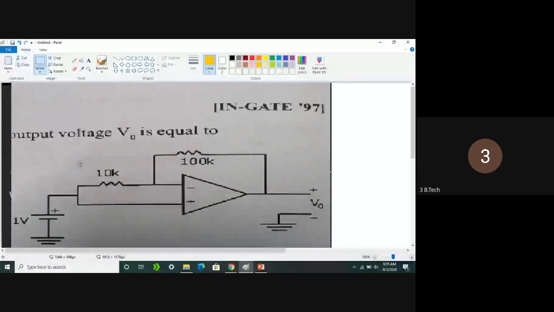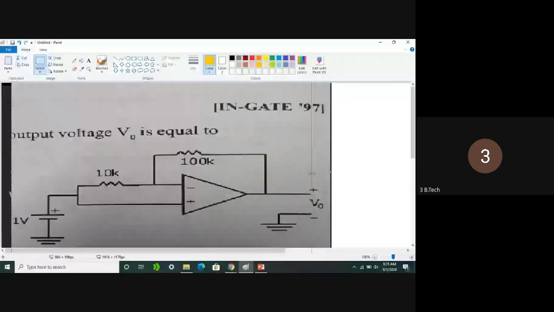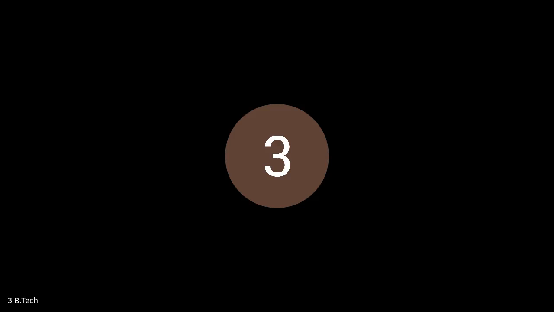Everyone please note down. Find the output voltage V naught in the diagram shown below, where 1 volt is applied at both input terminals.